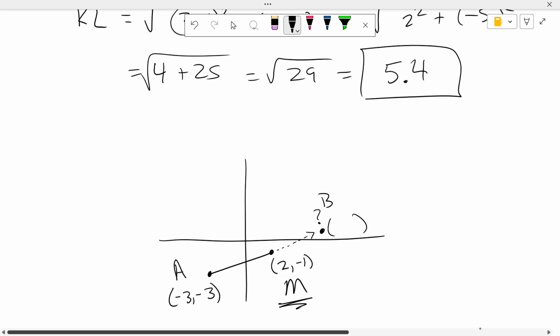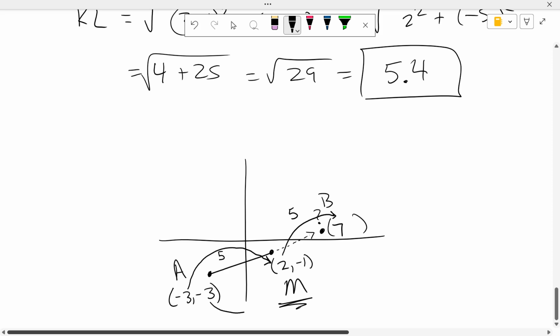Okay? If our x value is at negative 3 and halfway is at 2, how far did I go to get halfway? I went 5 to get halfway, right? So if I go another 5 to get the rest of the way, because if 5 is halfway, I have to go another 5 to get the rest of the way, where should I be at? 7. Okay?